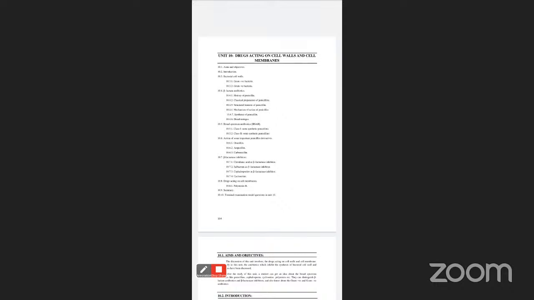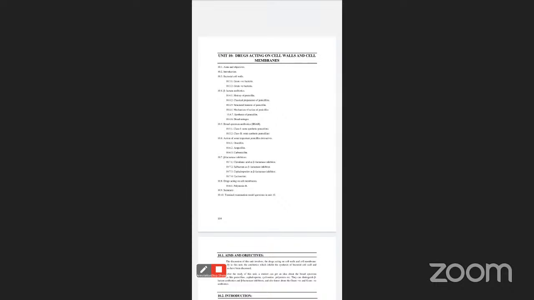Generally this cell has so many cell organelles. If we observe the cell structure, you can see the cell wall, and inside it the cell membrane, and in the center of that cell you can see the nucleus.